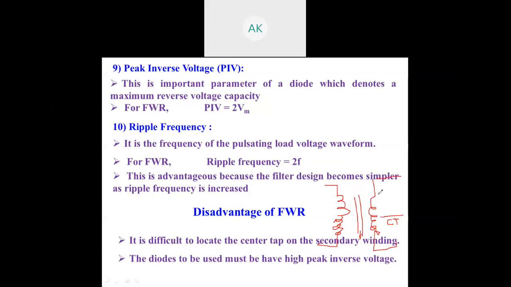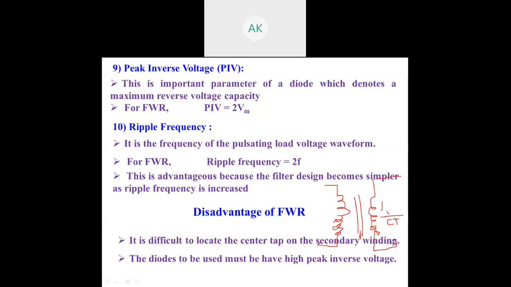Now during manufacturing, the CT point is not exactly at the center of the winding. Since manufacturing is done by human beings, there will be error. So if this CT point is not exactly at the center of the winding, then the turn ratio of the primary to the upper half of the secondary and the lower half of the secondary may or may not be the same.